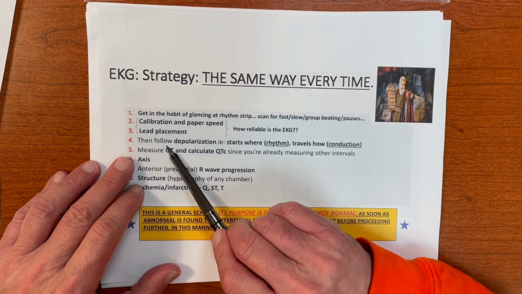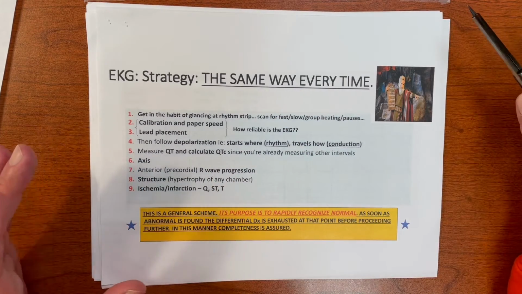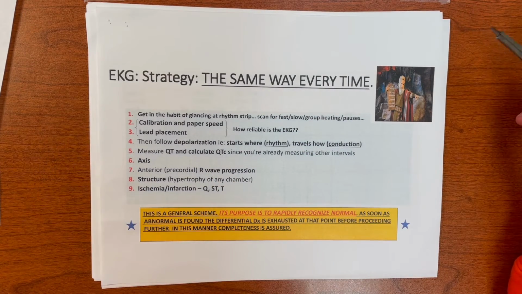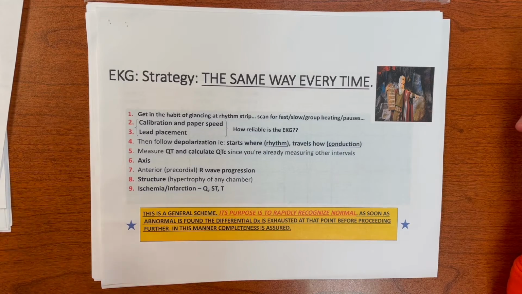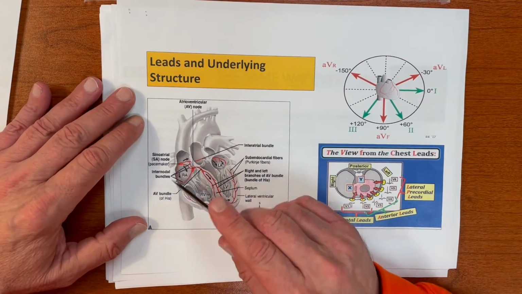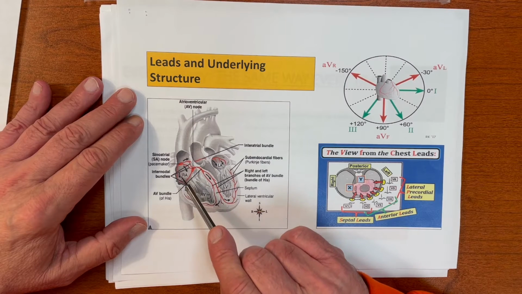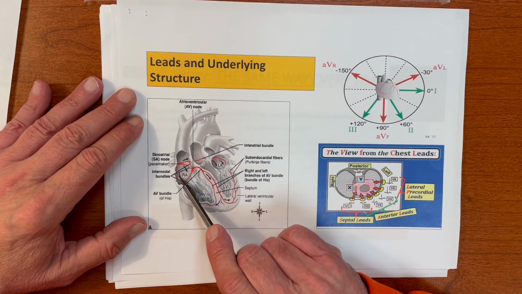So now we're going to follow depolarization. That is, where the impulse that's generating each heartbeat starts. Okay? Our mission is to determine, does it start in the sinoatrial node? Does it start somewhere else in the atrium?